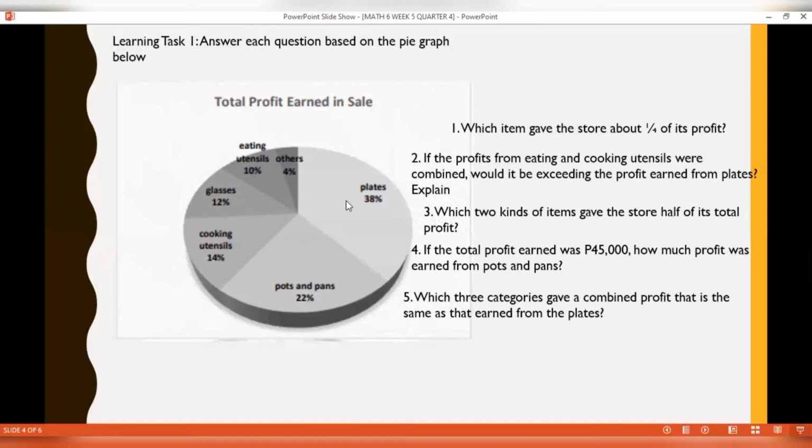So, tatlo ang pipiliin mo. Alin yung tatlo na pag i-combine mo, pag pinagsama-sama mo yung profit, ay katumbas ng profit ng plates. Okay, these are the questions for this learning task 1. And then let's go to learning task 2.